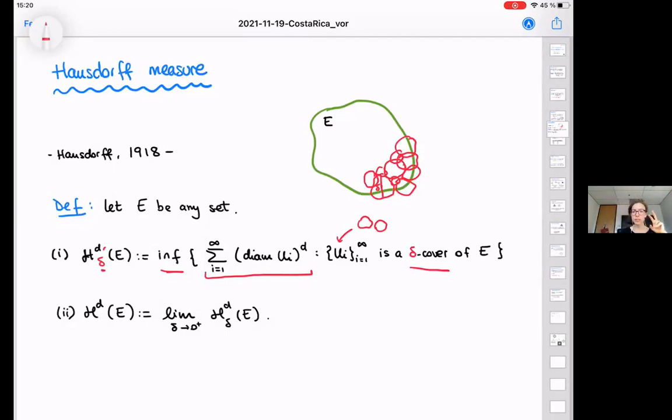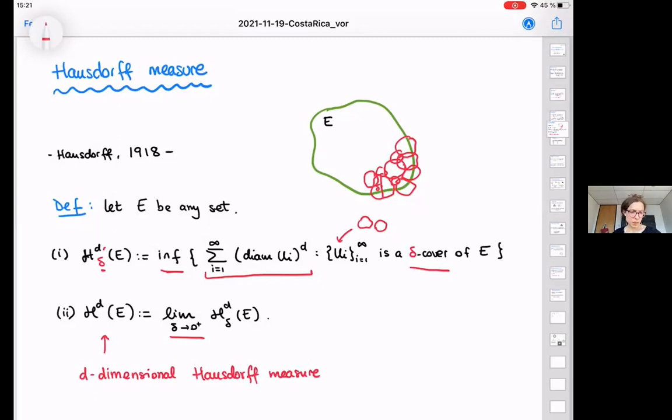Once we have this, we have some sort of approximation. And what we are doing in the second step is something that we usually do, which is letting delta, this sort of coarseness, shrink, and we are getting finer and finer. This limit is what is called the d-dimensional Hausdorff measure of E. Let us write this here: d-dimensional Hausdorff measure.